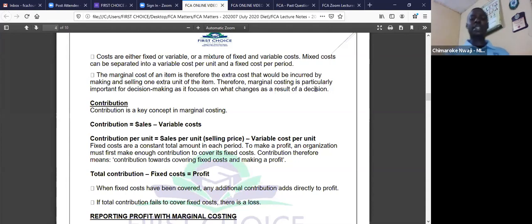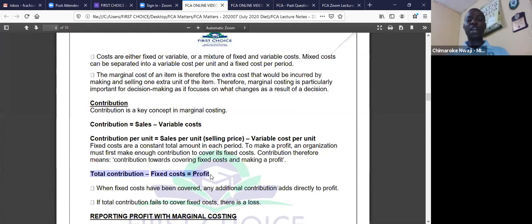So that's the concept of contribution. Contribution is sales minus variable cost. So that should ring in your ear. Sales minus variable cost. Now look at this other formula again. Total contribution minus fixed cost will give you total profit.